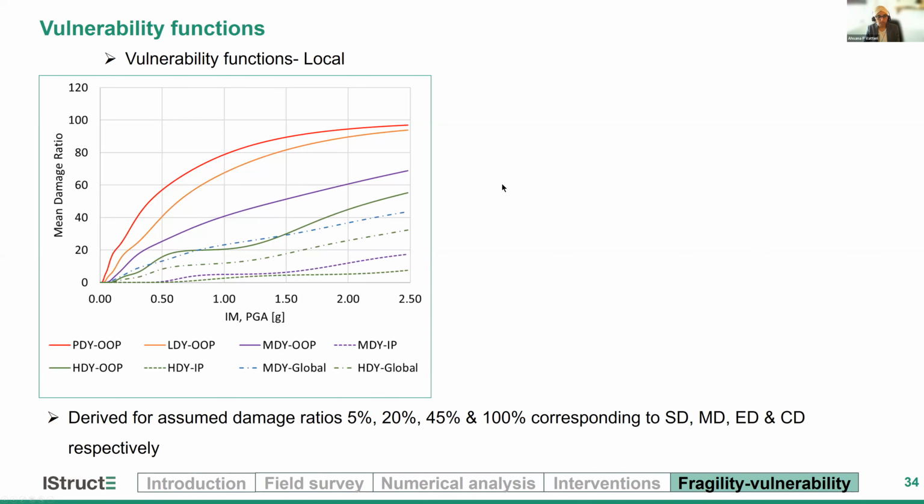Coming to the last component, which is the vulnerability functions. This is a component-based fragility vulnerability derivation, where we use the fragility functions that are derived to generate the vulnerability functions. Now on the y-axis, you can see the mean damage ratio, and on the x-axis, you can see the intensity measures.